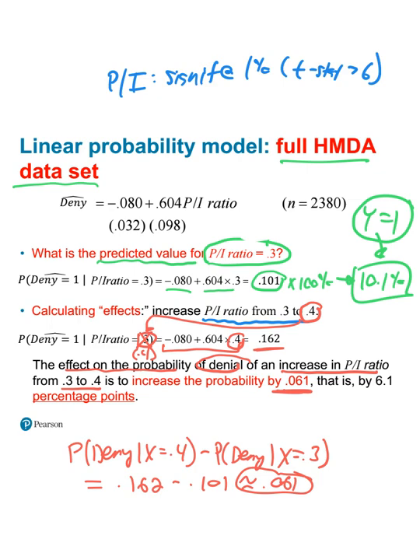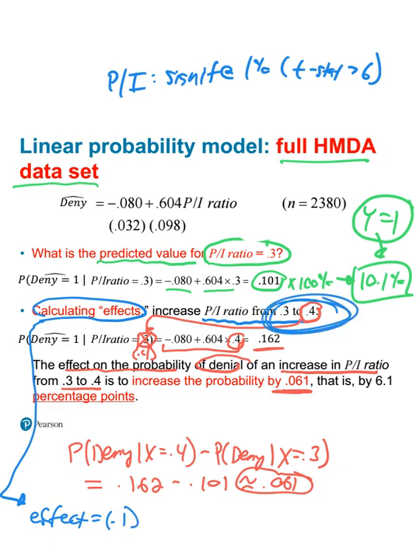Now we could have also calculated that effect. So calculating this effect right here, saying, well, if I'm going to prospectively change my PI ratio by 0.1, then the effect on our likelihood of being denied is equal to 0.1, since we're going from 0.3 to 0.4. So this is plus 0.1. So we're going to do 0.1 times the coefficient.